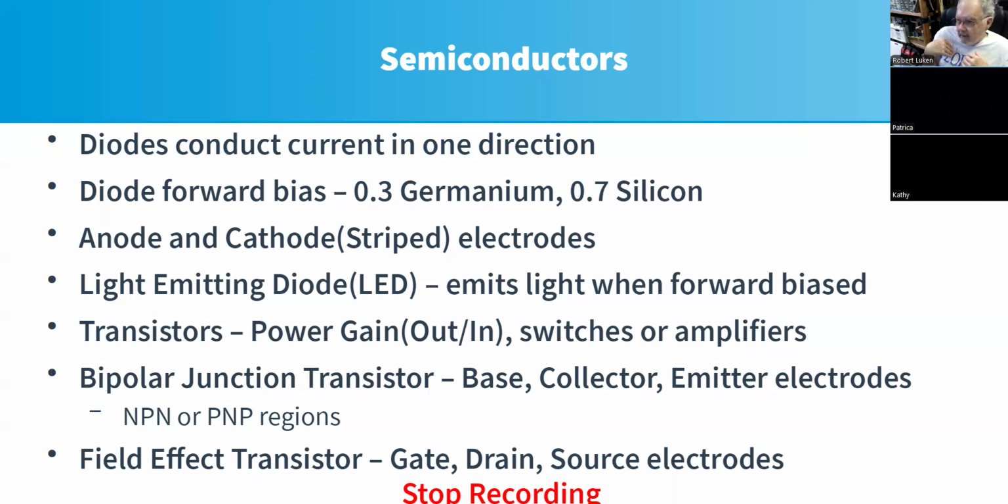The electrons enter the source electrode and come out the drain electrode. The one in the middle we call a gate because it kind of acts like a gate. As you apply a positive or a negative voltage on the gate, depending on the type of field effect transistor, it will control the amount of current that flows between the source and the drain.